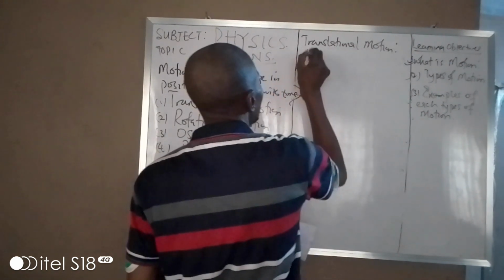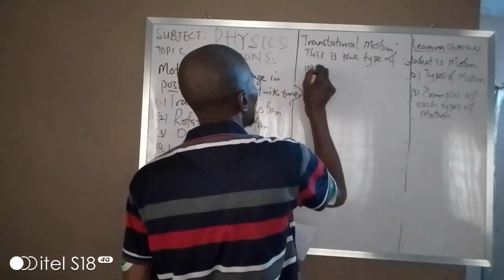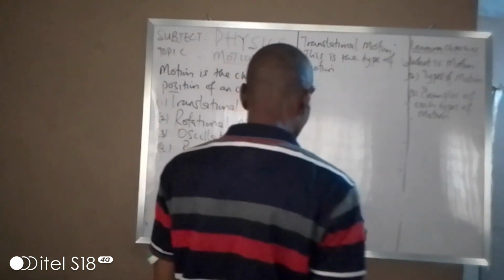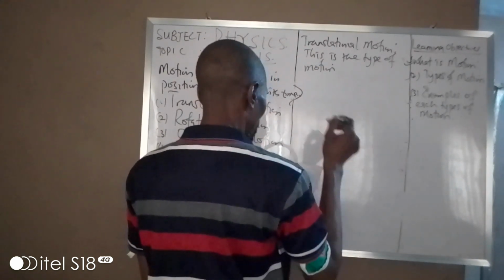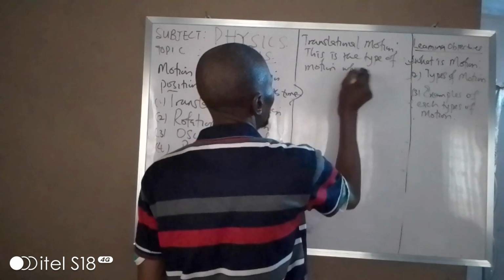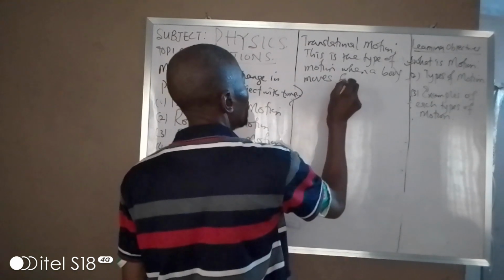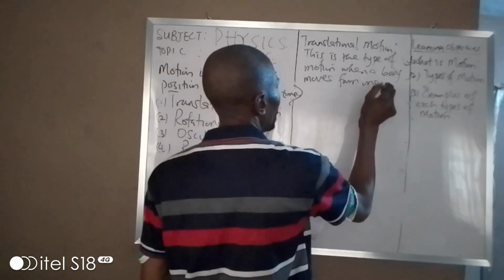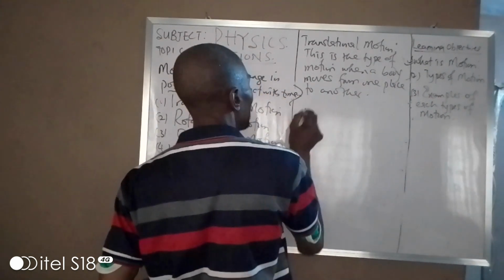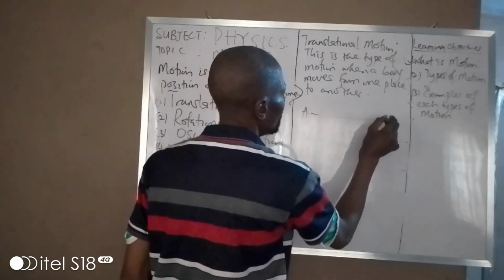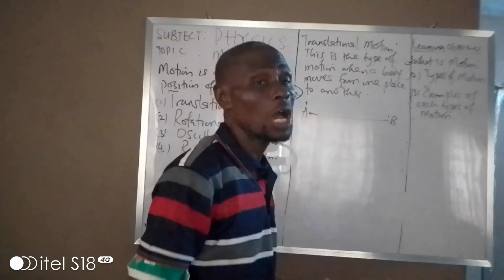This is the type of motion where a body moves from one place to another, let's say from point A to point B, and it is called translational motion.